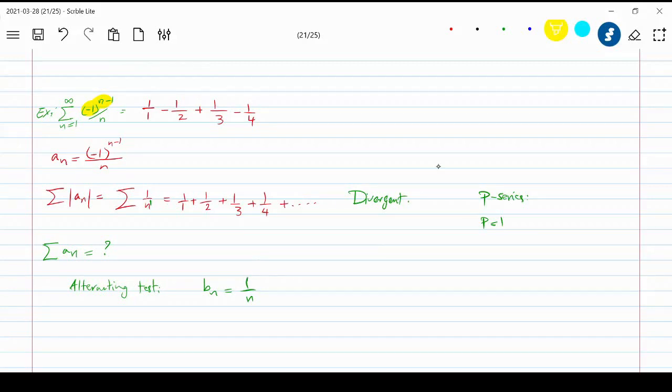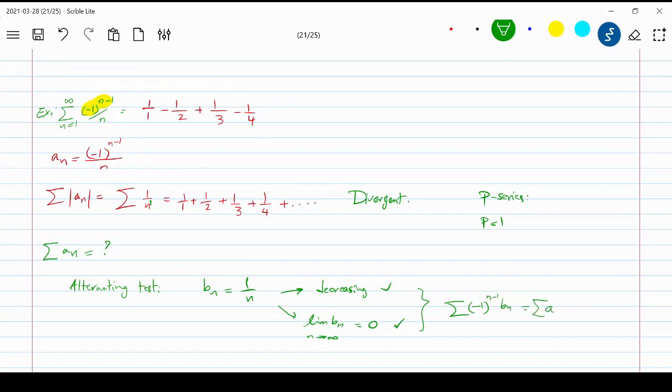So b_n had to satisfy two conditions. One was being decreasing, which is a true statement in this case, and the other was to calculate the limit of b_n as n approaches infinity, and that limit is 0 in this case. If we satisfy those two conditions from the last section, then the summation of negative 1 to the power n minus 1 times b_n, which is exactly the same as the summation of a_n in this case, is convergent.